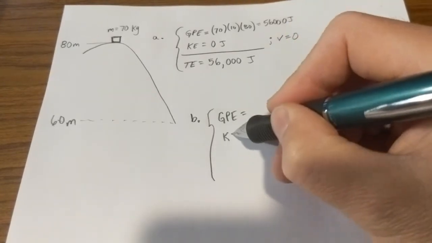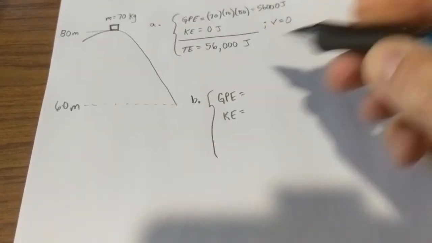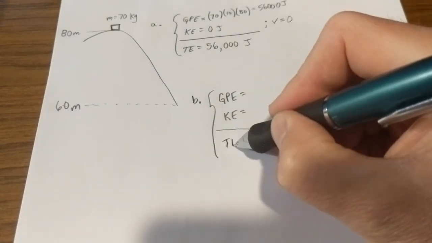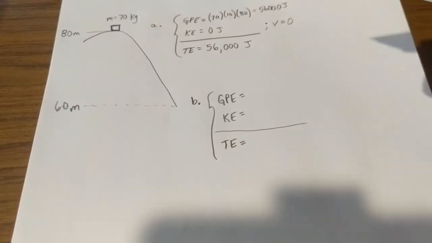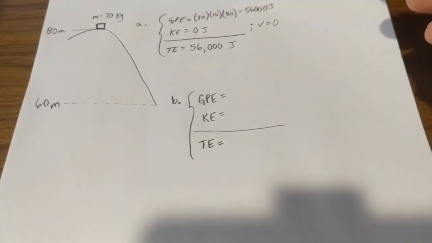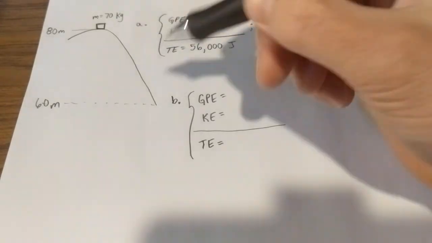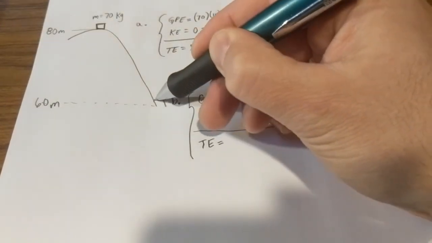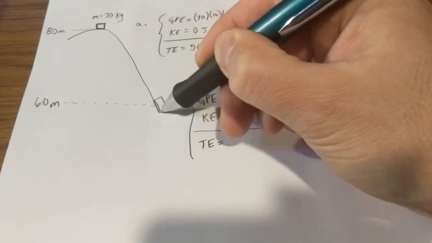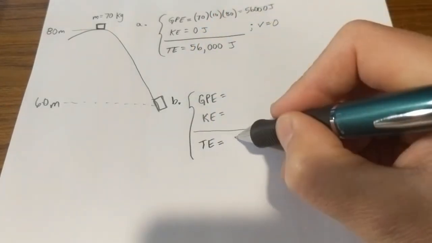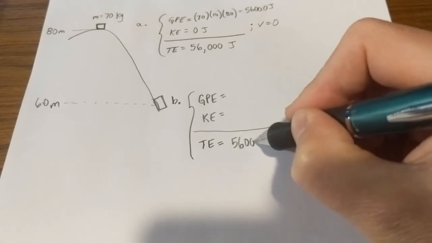It wasn't possible, but it's going to be pretty easy to do using what we know about energy. The big idea that you have to have gotten here is that the total energy at one location and another will be the same. So when the roller coaster car reaches this height, its total energy is still 56,000 joules.